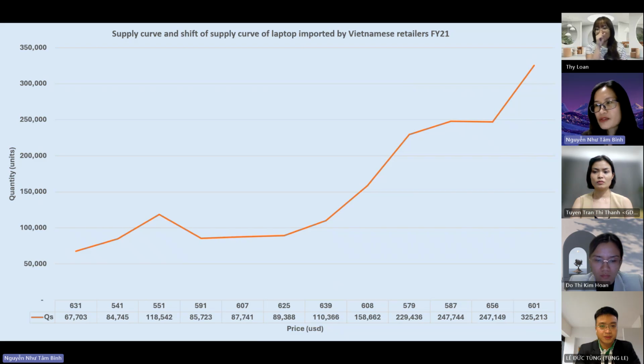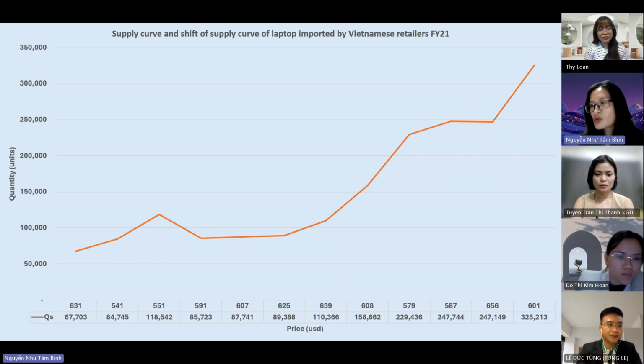The normal rule of the supply curve, I mean the positive relationship between price and supply, was clearly shown from April to July. During that time, due to high demand in the local market and the shortage of input material because of supply chain disruption, the production cost increased and supply also increased.